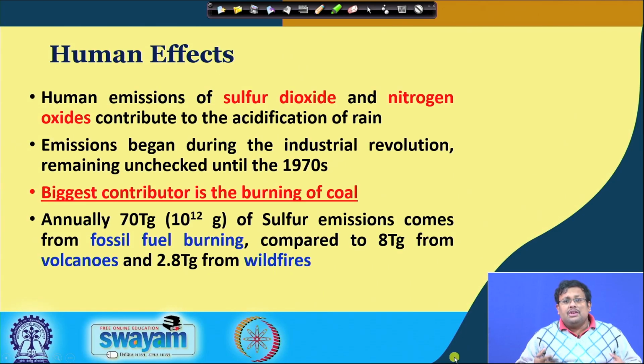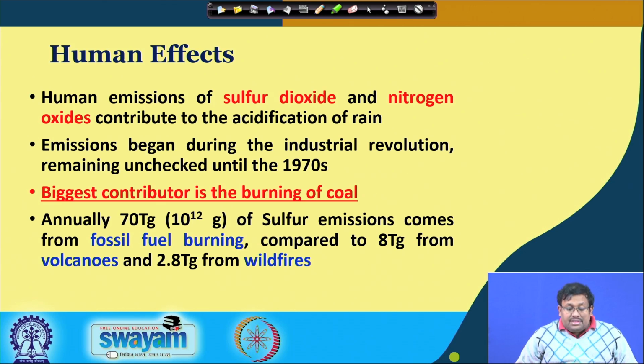So, what are the human effects? Obviously, the anthropogenic effects are very important because sulfur dioxide and nitrogen oxides are contributed by the burning of fossil fuels, because coal burning is the major contributor to acid rain, producing a huge amount of industrial smoke.